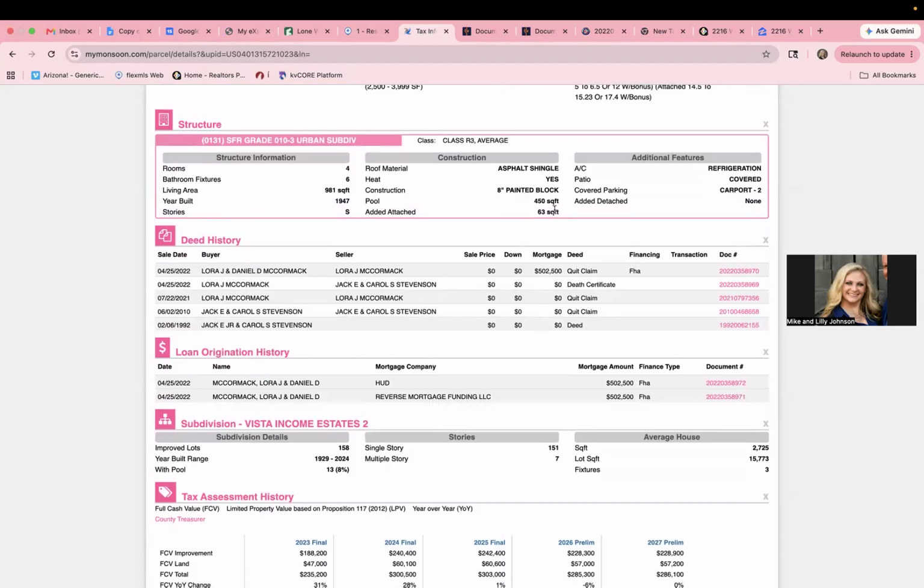Okay, the added attachment is 63 square feet. Okay, so AC, it says 63 square feet, used as a garage. I'm texting with you right now, sorry.